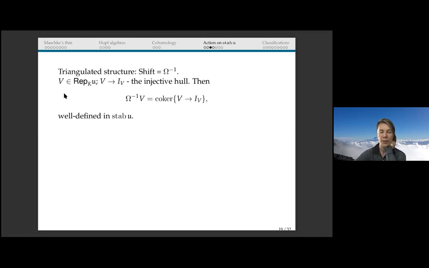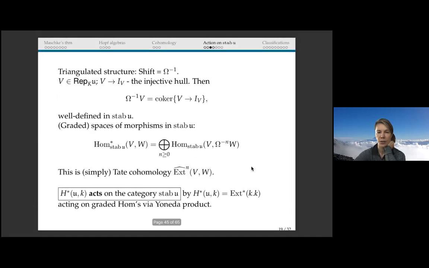If you have a representation V of U, we can put this representation V into its injective hull, so the minimal injective module that contains it, and then take the cokernel. And this is the shift in this category, the syzygy of V. And this is going to be part of the fundamental structure of the stable category.